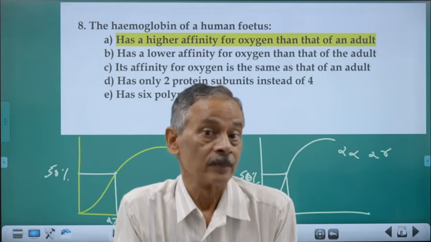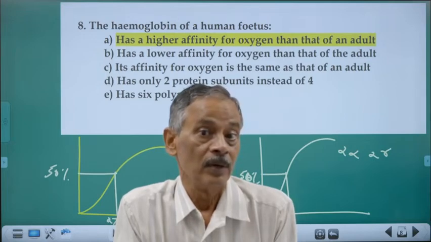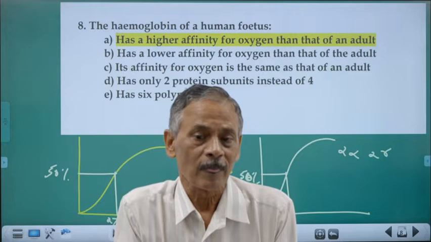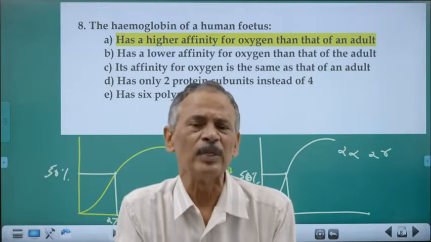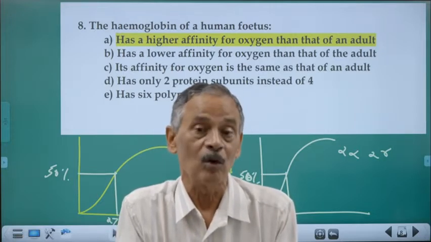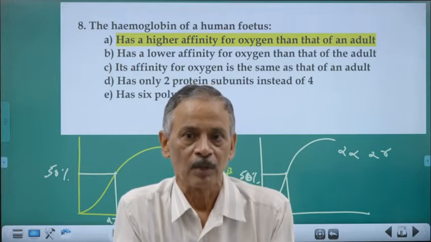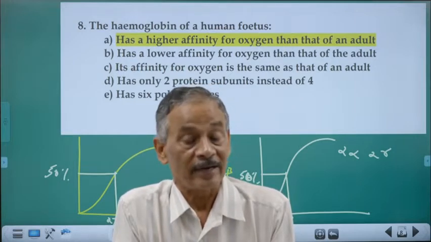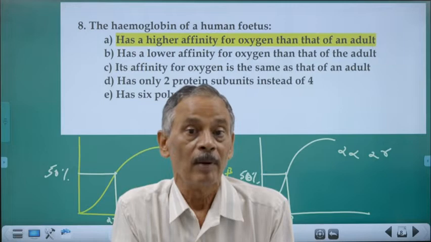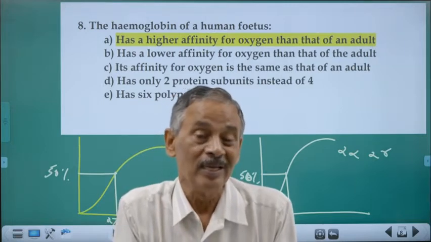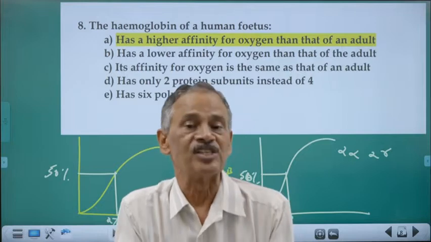And there are some differences between these two also, other than the chemical nature. Adult hemoglobin will be influenced by the presence of certain chemicals in the tissues.